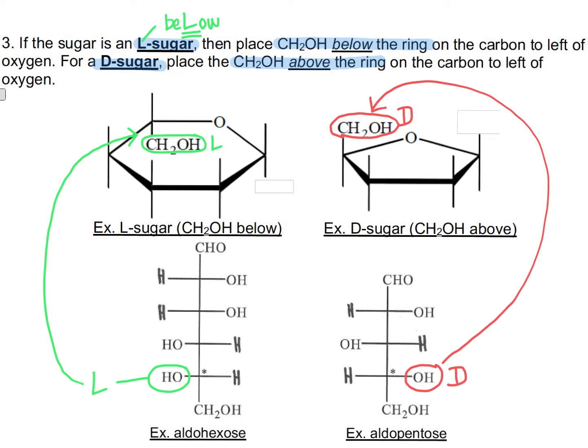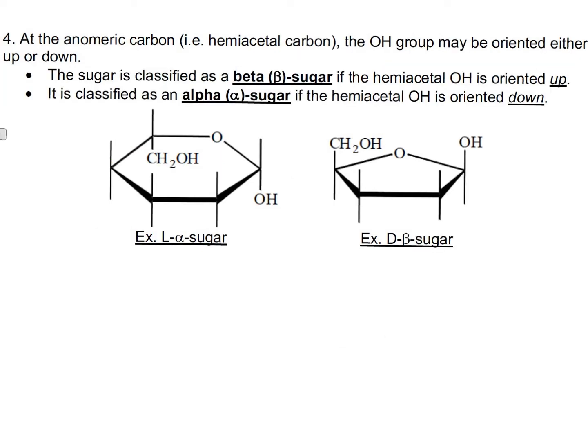So now that we have done that, we move on to the next step of filling in each of the positions of our hexose and our pentose with the groups that need to be present. So the next step is that at the hemiacetal carbon, the OH group there can be oriented either up or down because that OH group is newly formed during the chemical reaction.